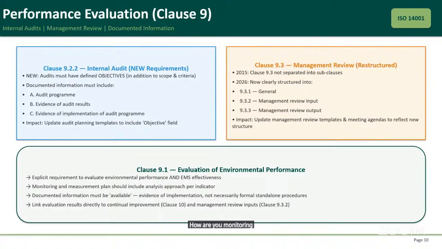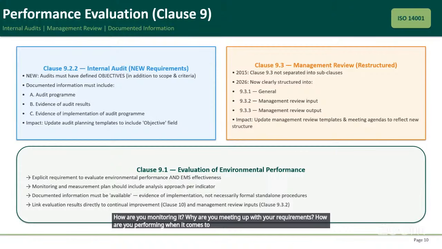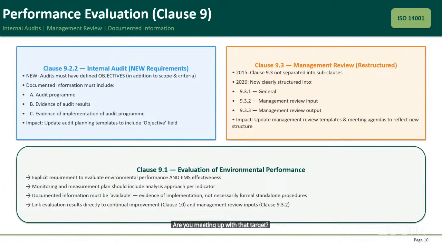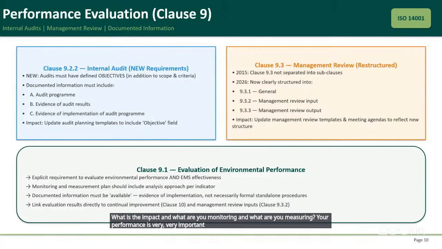Are you meeting up with your requirements? How are you performing when it comes to reduction, for example, if you set a CO2 emission range? Are you meeting that target? Are you promoting environmental sustainability? What is the impact? What are you monitoring and what are you measuring? Your performance is very important at the end of the day, because when you don't meet your established performance, it means that you are not doing the right thing.